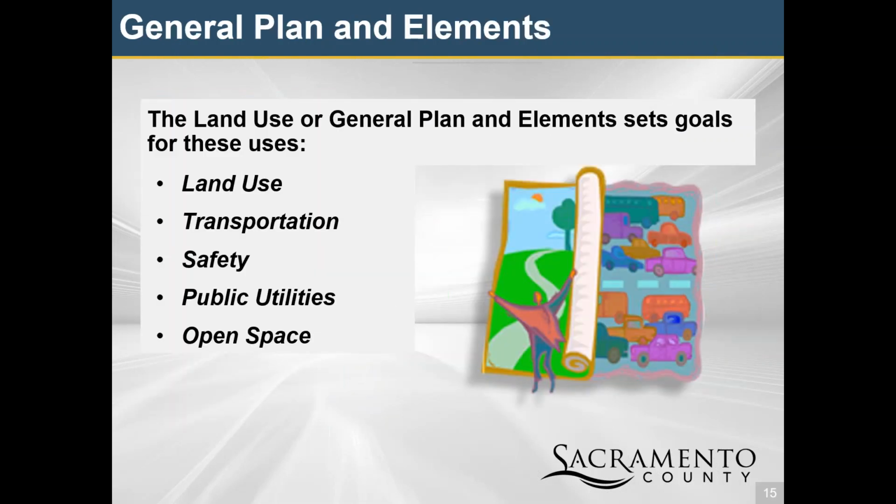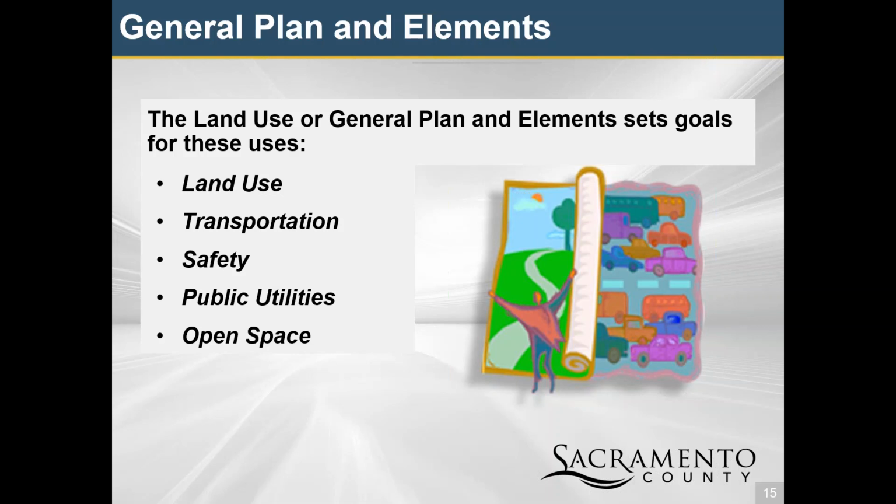Okay, general plan and elements. Let's look at this. Here it talks about land use, transportation, safety, public utilities, and open space. We're going to get into these. The general plan, sometimes called a comprehensive plan, and the elements are used to guide the existing and future social, economic, and environmental features of the community.